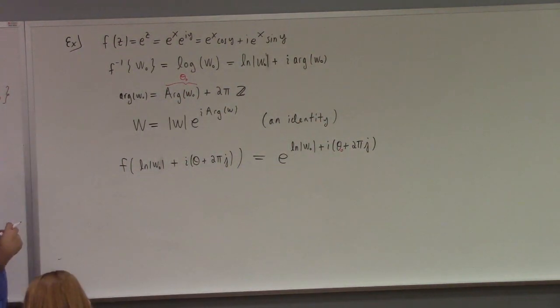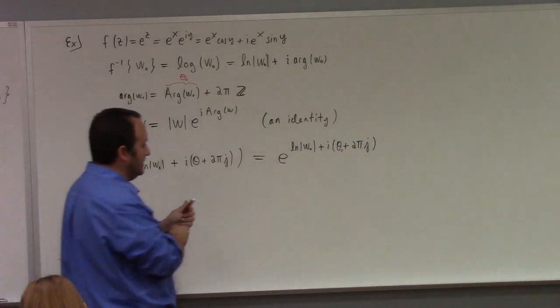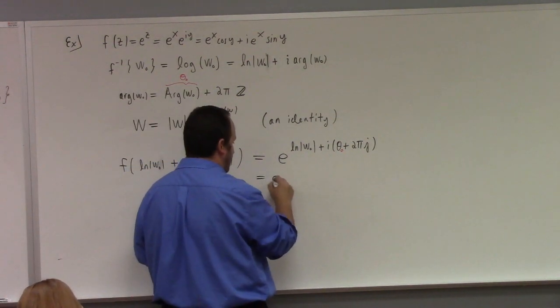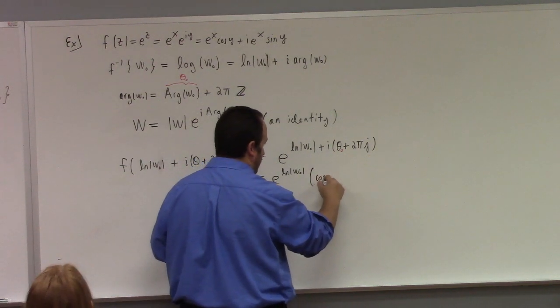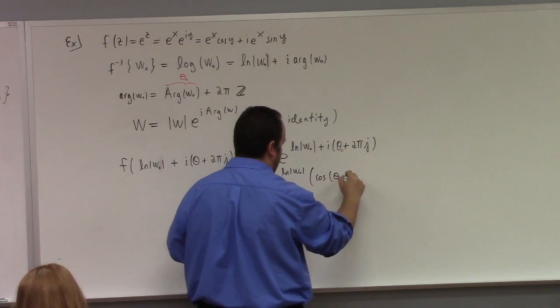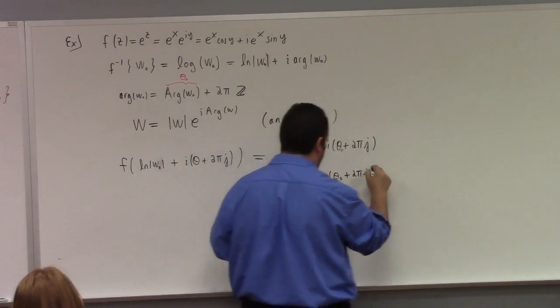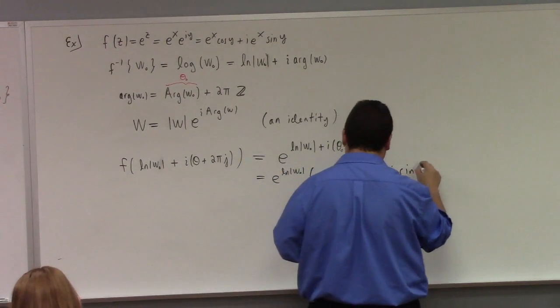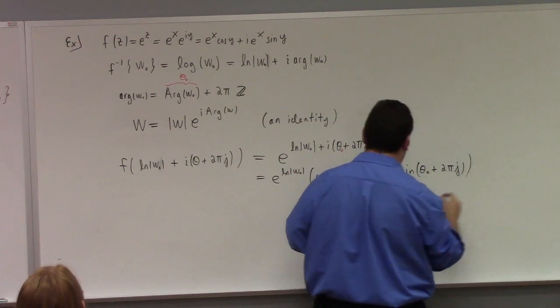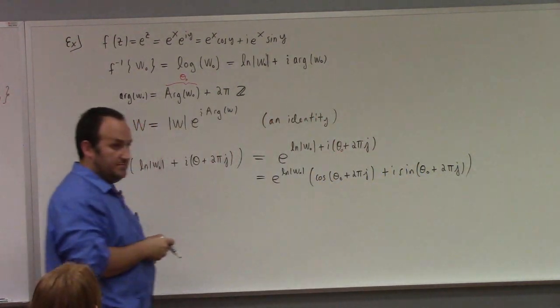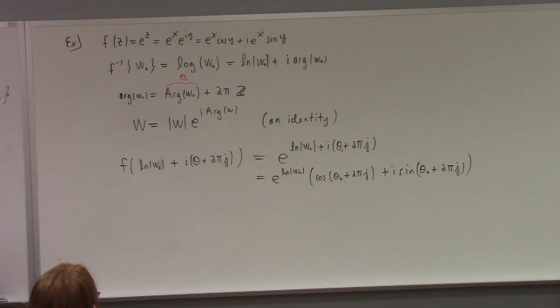So what happens by definition of the complex exponential? This is e to the natural log of the modulus of w naught, and then you've got cosine of theta naught plus 2 pi j plus i sine of theta naught plus 2 pi j. What do sine and cosine do to integer multiples of 2 pi? They just absorb them, right?